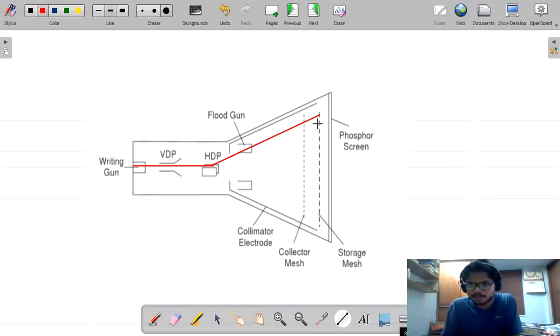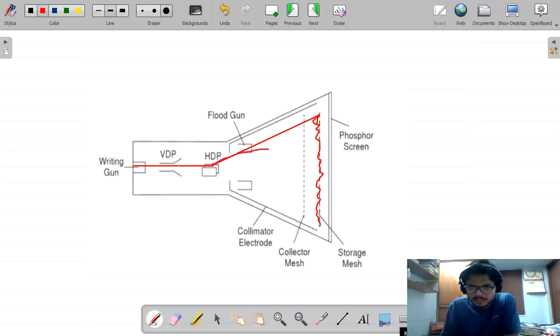But before the phosphor screen, we have a storage mesh. Our storage mesh basically consists of a dielectric material. Now what will happen? The electrons coming from the electron gun will, before striking the phosphor screen, strike the storage mesh.